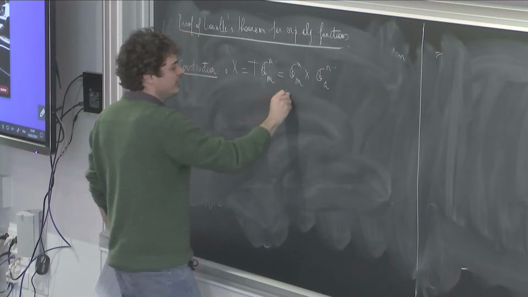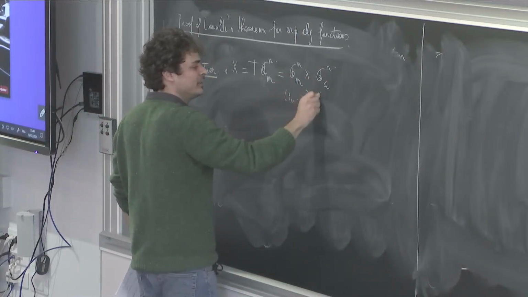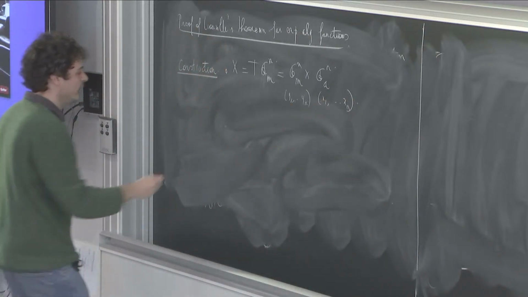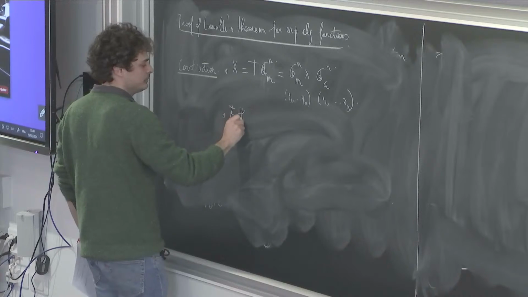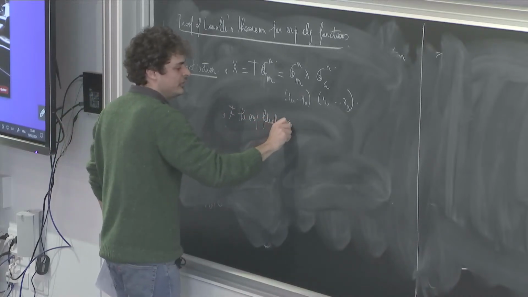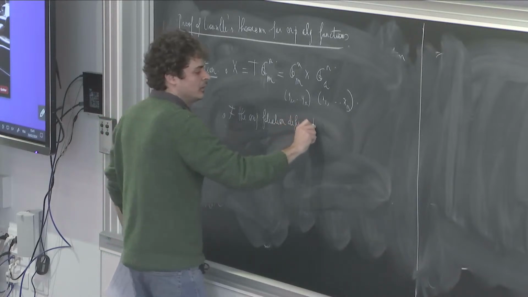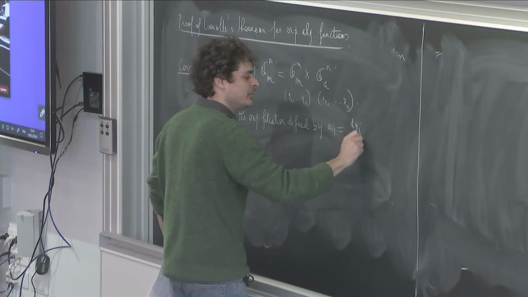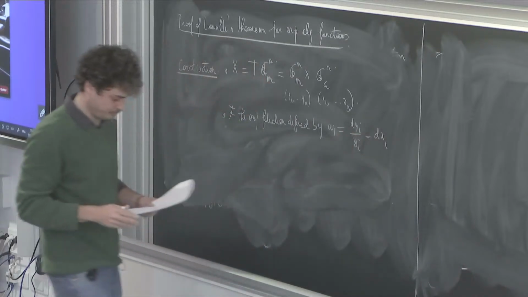The coordinates here are always written y1 to yn, and the coordinates on the additive group x1 to xn. So we have the exponential foliation, which is defined by the forms omega i, which are dyi divided by yi minus dxi.